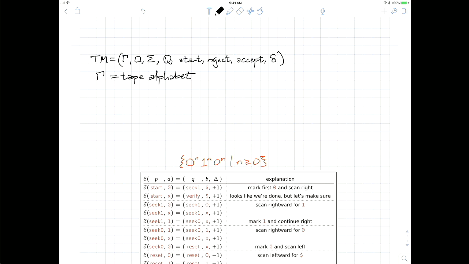These are the symbols that I'm allowed to write down. In this particular case, the tape alphabet consists of the digit 0, the digit 1, the letter X, a $, and a special symbol called a blank. And there's a special symbol, which I represent here by a square, called a blank.